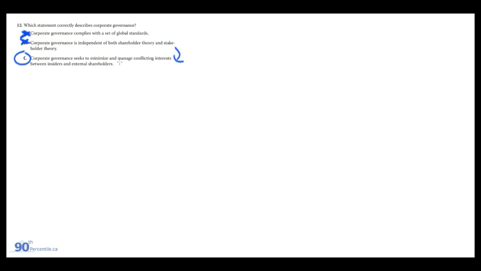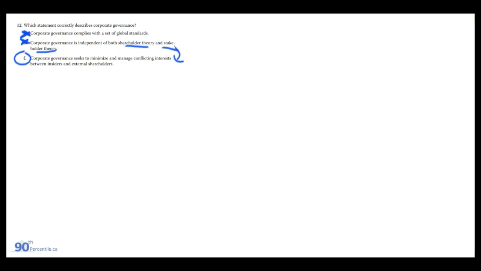So corporate governance is a system of checks and balances that are used to manage conflicts of interest between shareholders and stakeholders. Stakeholders, of course, is a broader term, which includes more groups other than shareholders. Stakeholders include debt holders as well. They include customers, people impacted throughout the value chain, suppliers, all of that.